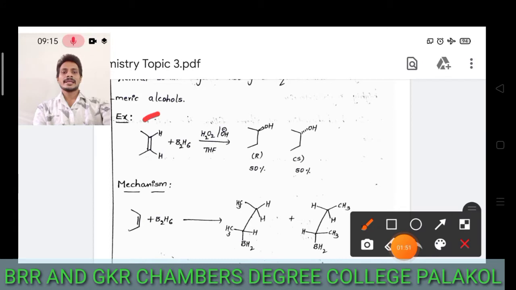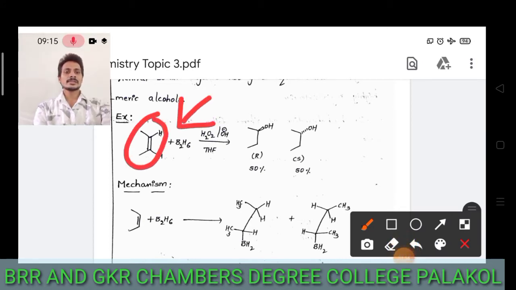In this reaction we observe that the substrate molecule is achiral and the reagent is also achiral, so it gives an equimolar ratio of R and S isomers. It is not an asymmetric synthesis. In asymmetric synthesis we always get unequal amounts of stereoisomers as products.